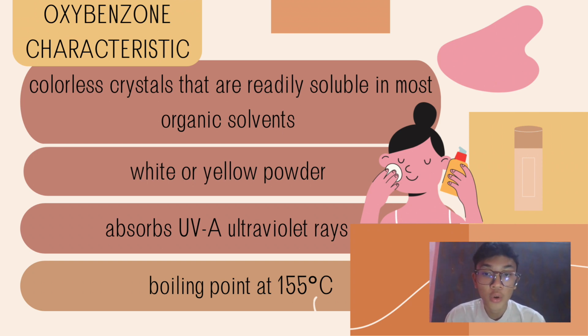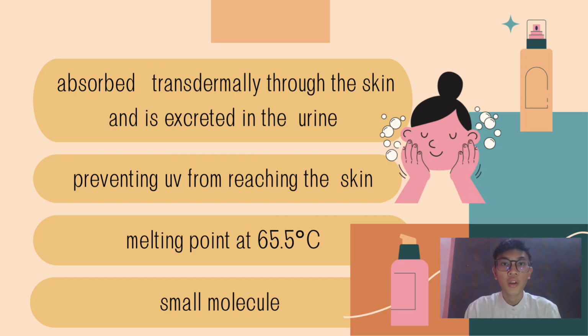It works to absorb UVA ultraviolet rays and has a boiling point of 155 degrees Celsius. Oxybenzone is a small molecule that is absorbed transdermally through the skin and excreted in the urine. Oxybenzone also prevents UV from reaching the skin and has a melting point of 65 degrees Celsius, which turns the crystallized powder to a liquid state.